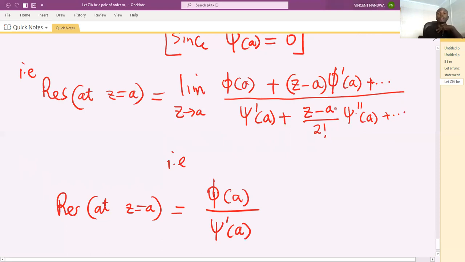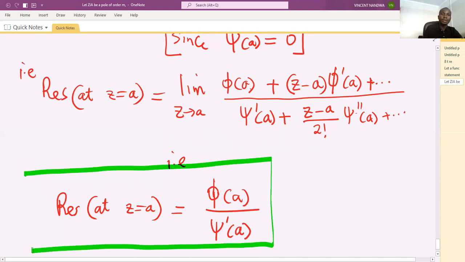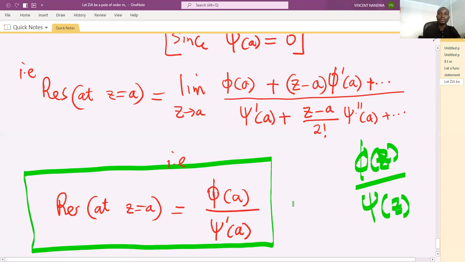Similarly, other terms will be 0. So just the numerator remains, and this will be the term in the denominator. So this is how we find the residue for function f of z at the pole z equals a, when the function can be written in the form phi of z over psi of z. So this is the formula.